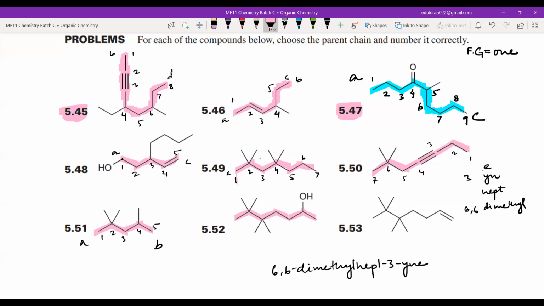Where should I start from? A or B? I hope you know what A and B are. B, right? 1, 2, 3, 4, 5, 6, and 7. Now here, where should I start from? A or B? B, here also B. Very good. So 1, 3, 4, 5, 6, and 7.